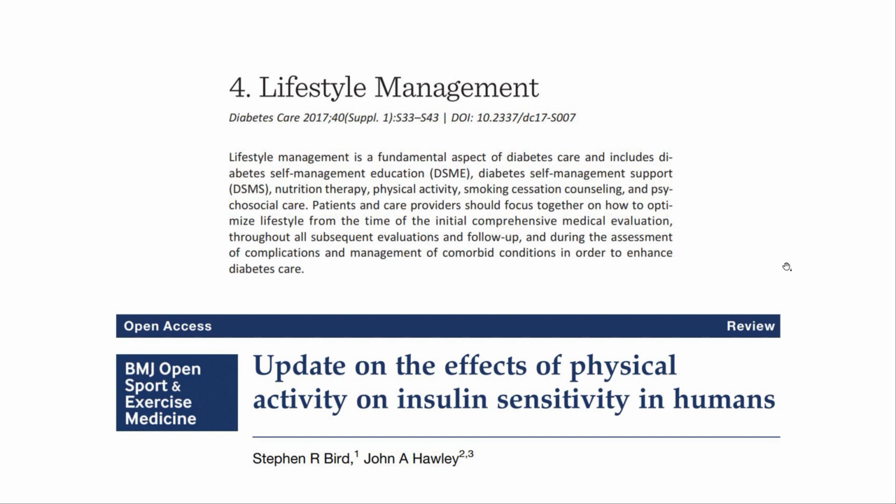This area is constantly evolving, and some people are very nihilistic and say, oh look, it's impossible to get my patients to lose weight and exercise. It's just not going to happen. This is all pseudoscience. I'm just going to ignore it.